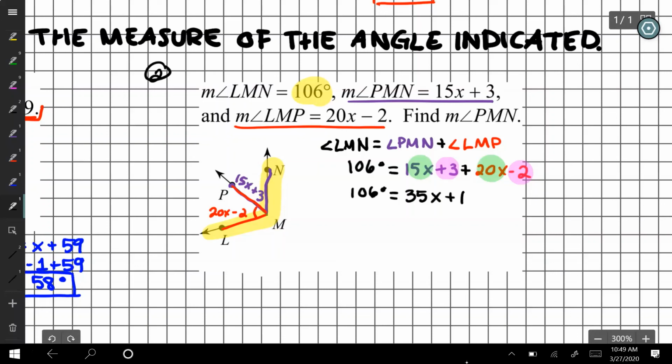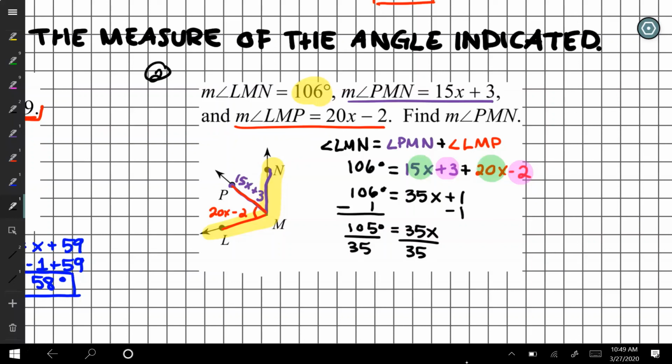Alright, we have a two-step equation set up. So we're going to subtract 1 from both sides, which gives me 105 degrees equals 35x. And I just need to divide both sides by 35. So 105 divided by 35 is 3. So 3 equals x. But we're not done yet.